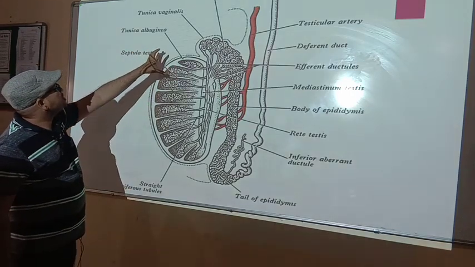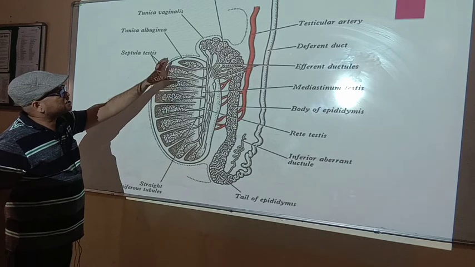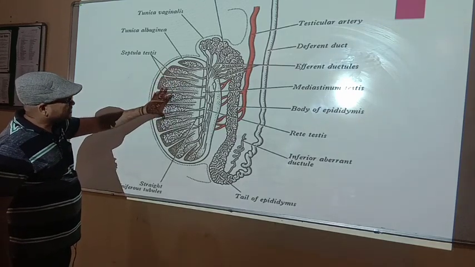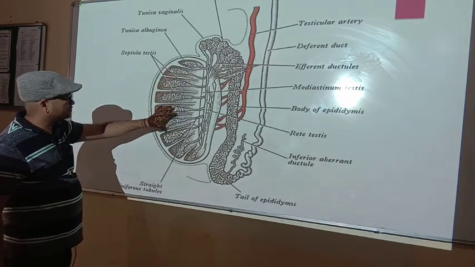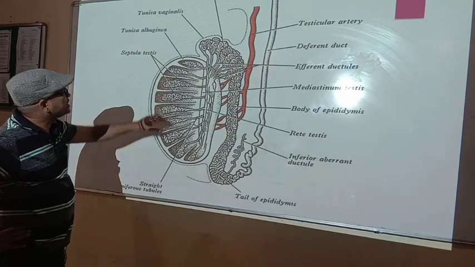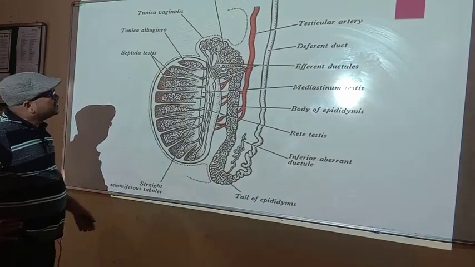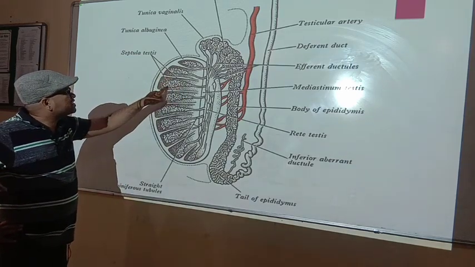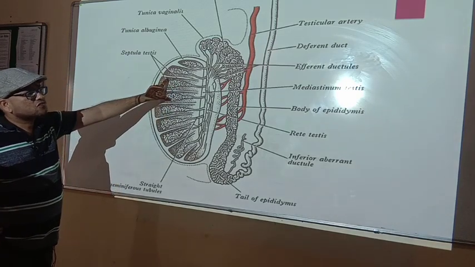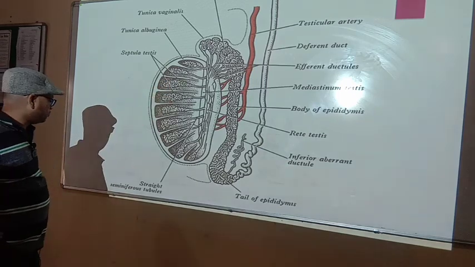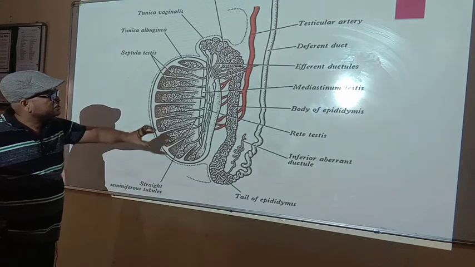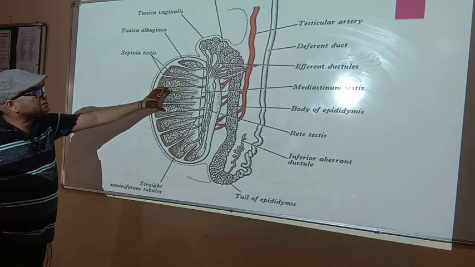So these are the 3 layers that surround the testis. Inside these 3 layers, different chambers are found. These are called testicular lobes or testicular lobules, inside which supercoiled tubular structures are found. These supercoiled tubular structures are called seminiferous tubules. So these are the seminiferous tubules inside which the male gametes or sperms are produced.